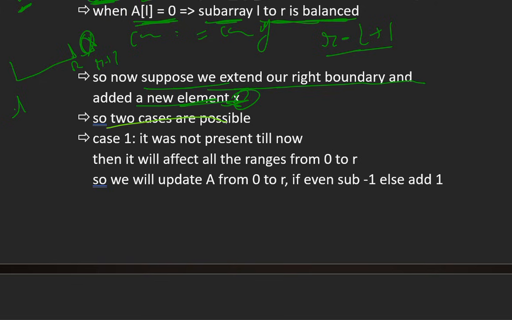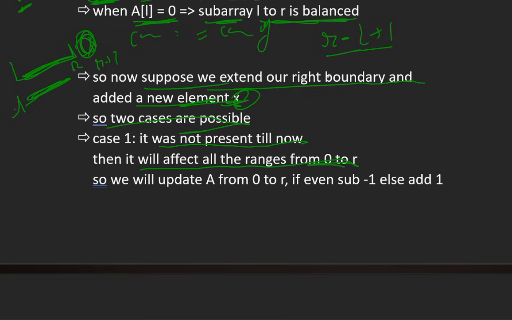What are the two cases that are possible? The first case is that x, the new element, is not already present in the range L to R. Then it will affect all the ranges from 0 to R.